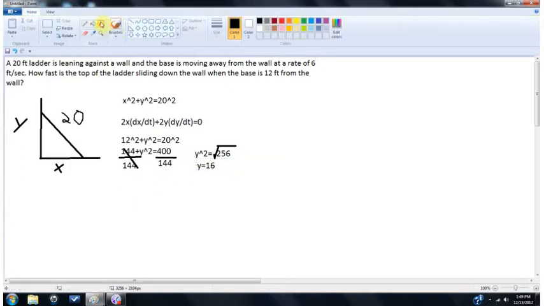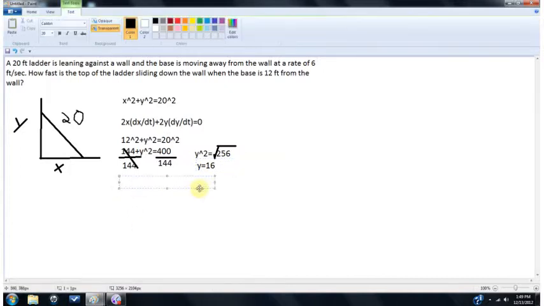So now we work with the formula that we received after doing the chain rule, and we simply plug in our numbers. So 2 times 12 times 6 plus 2 times 16 times dy over dt. Once again, set that equal to 0.